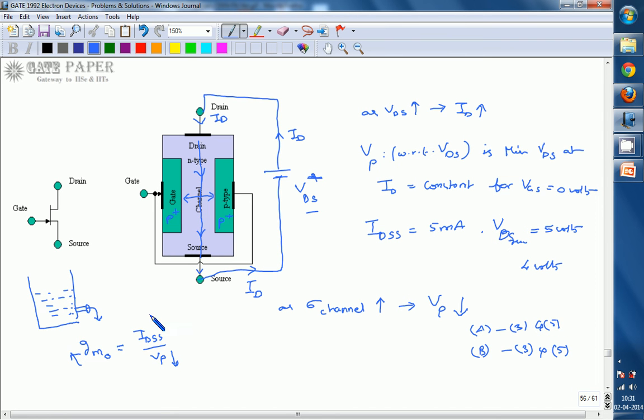Next, the last option is that the transit time of the charge carriers in the channel is reduced. Transit time of the charge carriers is the time taken by the charge carriers while moving from drain to source.